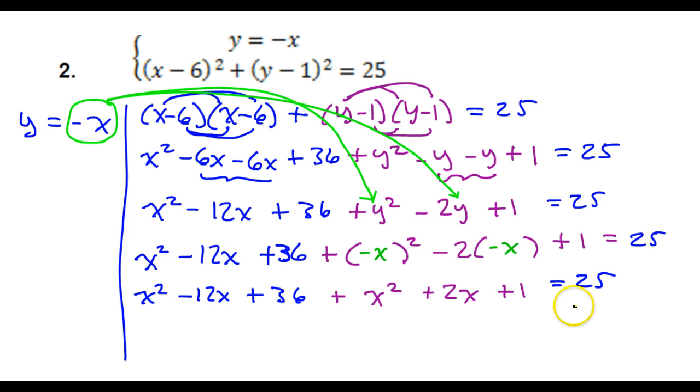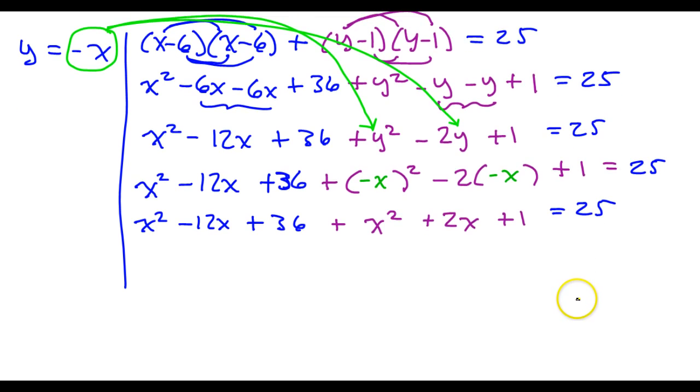Alright, so now it's time to put together all my like terms. For example, I have x squared here and here. So let's put that together. That's going to make 2x squared. Then I have my negative 12x and my positive 2x. Those get put together.